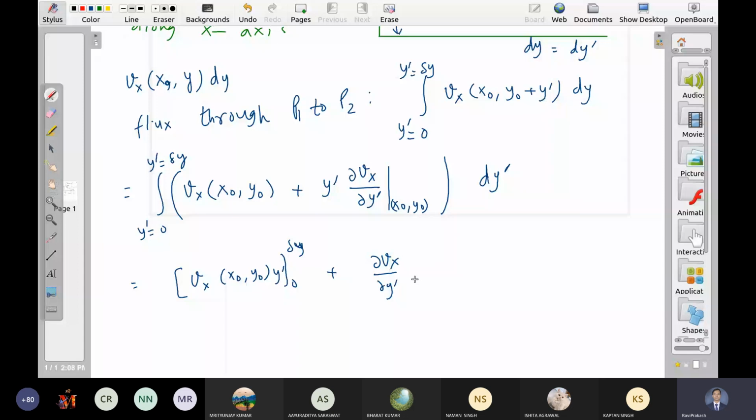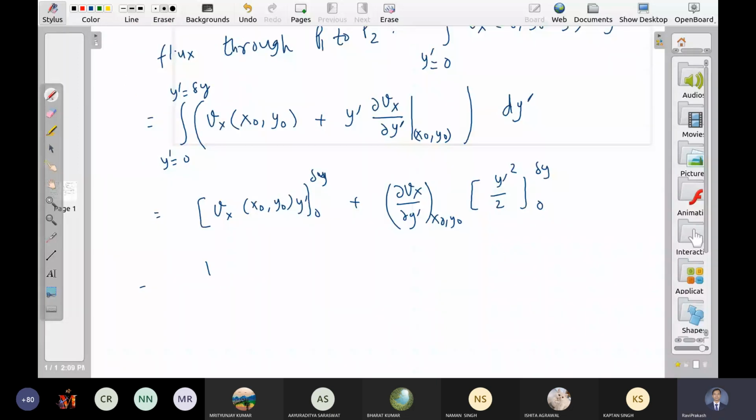Inside it is y prime square by 2 from 0 to delta y. So the answer is Vx at x naught, y naught times delta y, plus del Vx by del y times delta y square by 2.